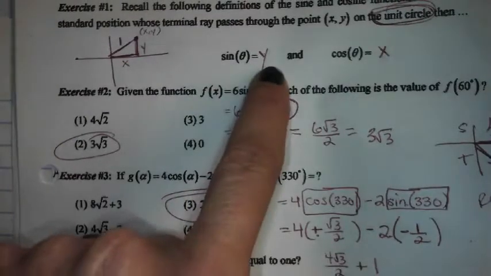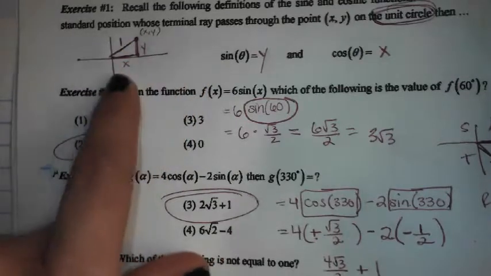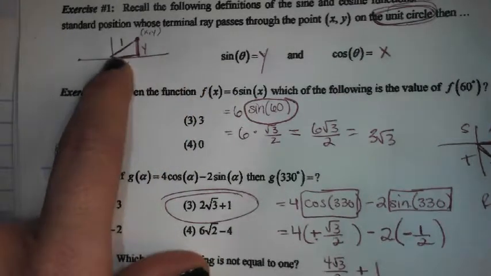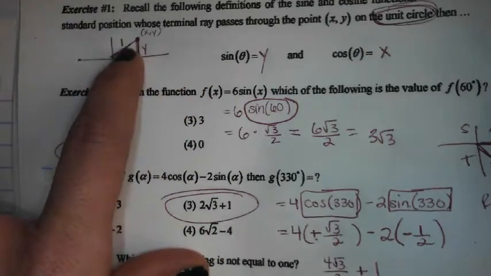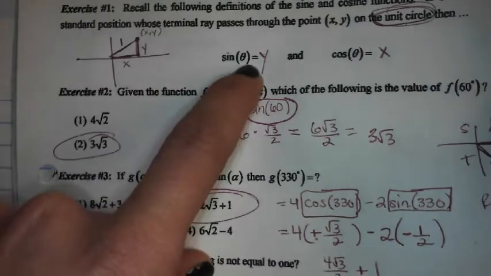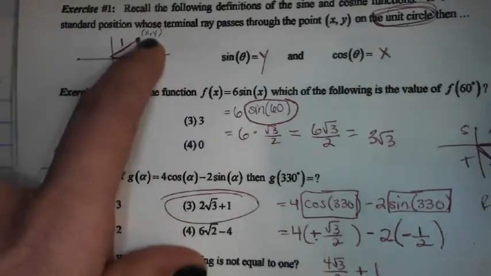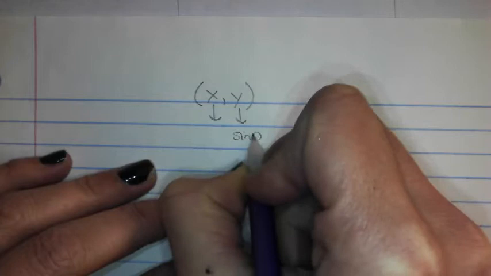The sine was your y-coordinate, right? We did the unit circle with a hypotenuse of 1, so the sine was opposite over hypotenuse, which is y over 1, which is just y. So the y-coordinate is the sine of your angle. The x-coordinate is the cosine of your angle.